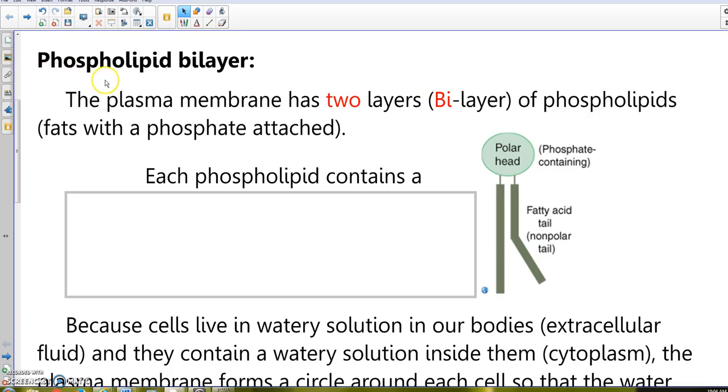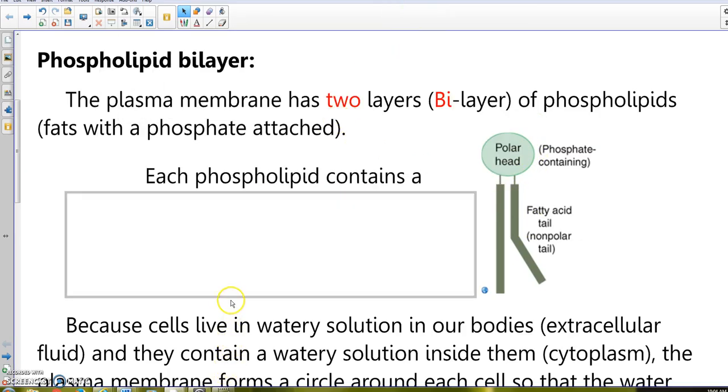So phospho for this phosphate head, and then lipid for the fatty acid tail. There's two of them. Remember fatty acids, we talked about this with macromolecules, that is a lipid, that's a fat. And then bilayer means two, bi meaning two, and layer. So two layers of these phospholipids.